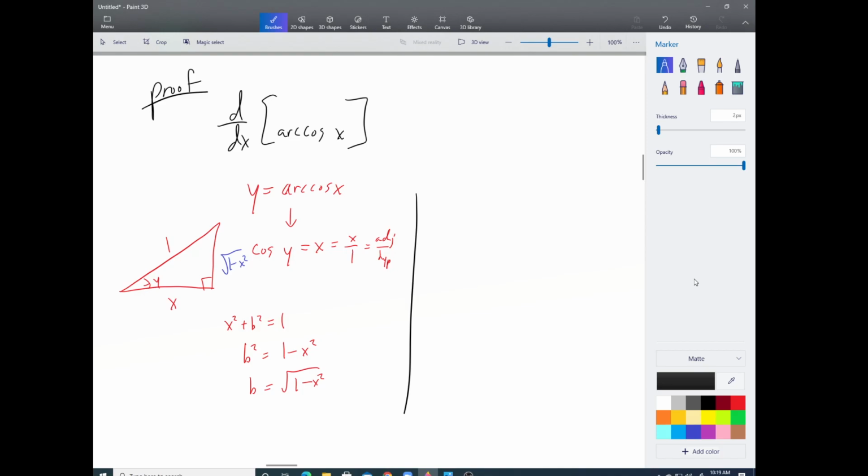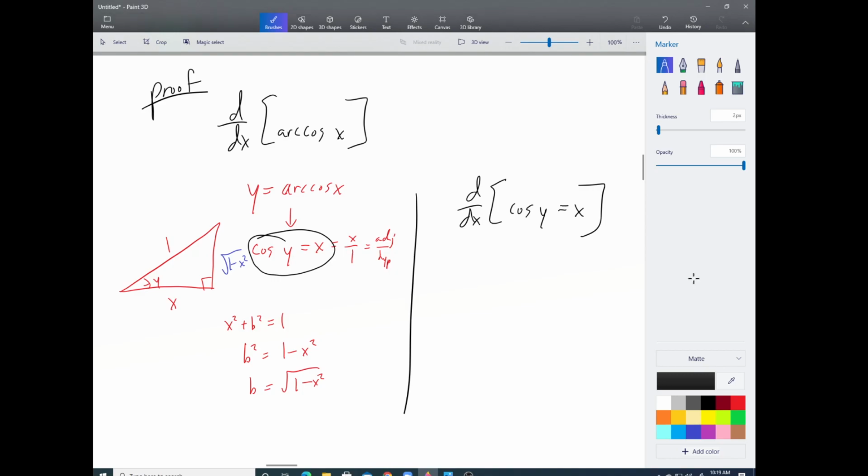Alright, so now we're going to get into the derivative of it all. And what we're going to do is we're going to take the derivative with respect to x of the cosine function that we already know. But that cosine function does have to be cosine of y is equal to x for it to yield the inverse's answer.